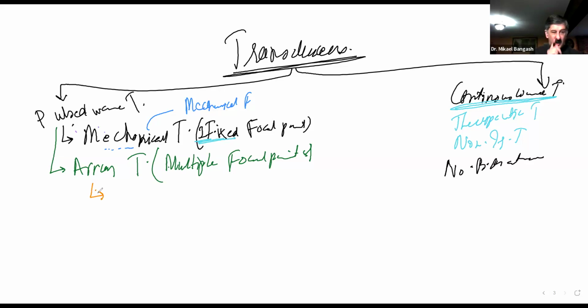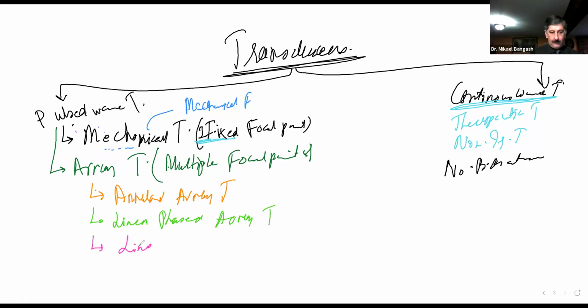But I would start first off with what we call the annular array transducer, followed by a linear phased array transducer, followed by a linear sequential array transducer.